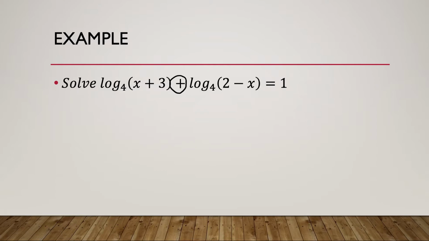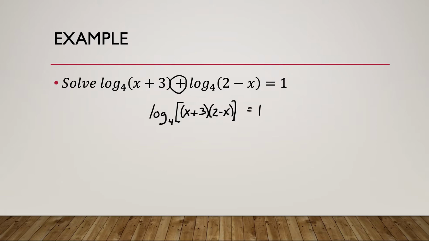That property says that we can combine those two logs into one log with multiplication. So I could have log base 4 of x plus 3 times 2 minus x. And then I'll still set it equal to 1. Okay, so that's my property.